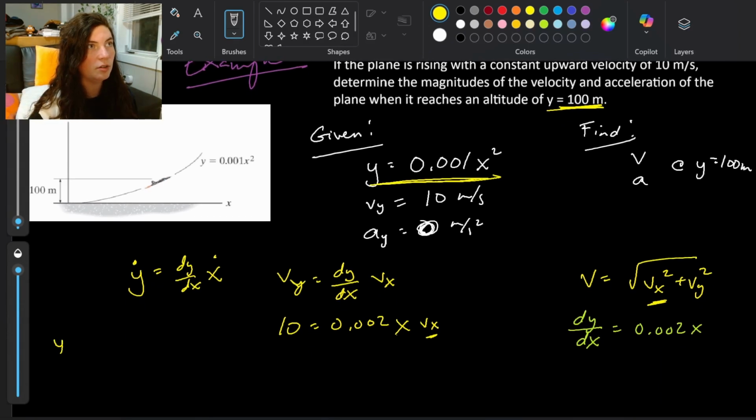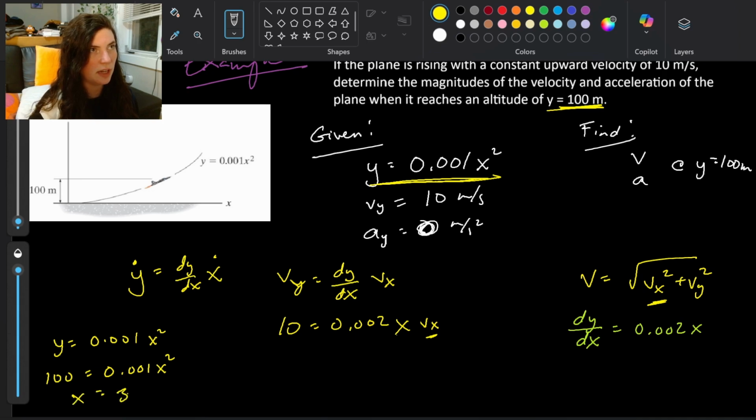So if I have y equals 0.001 x squared, I know that I want y to equal 100. So 100 equals 0.001 x squared. When I divide that over and then take the square root, I get, what is that, like square root of 100,000?